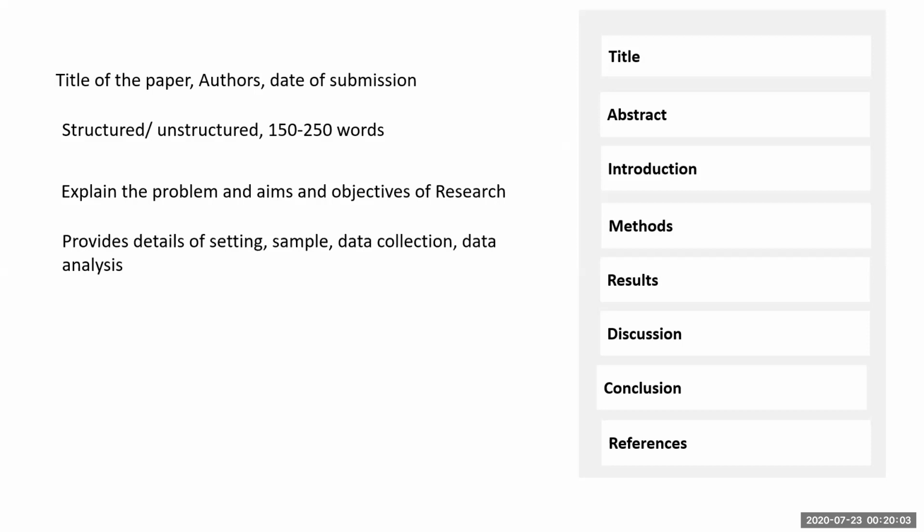The way information is presented could be different, and there could be certain elements which are different. For example, in quantitative articles, you expect to have some information about the instruments which they have used to collect the data. You also expect information about the validity and reliability of the instruments which they are using. And if it's a qualitative article, then you're looking for information about the rigor of the study, for example.